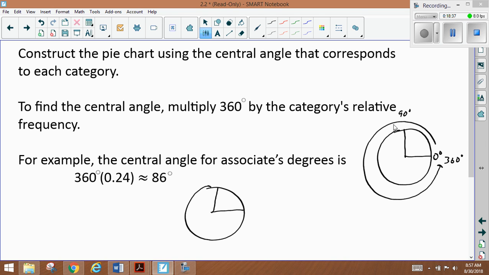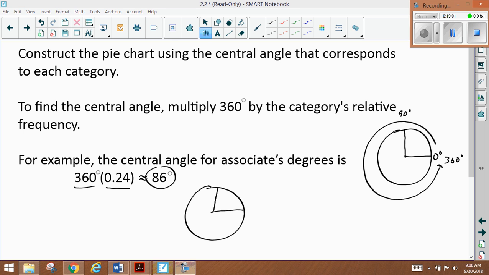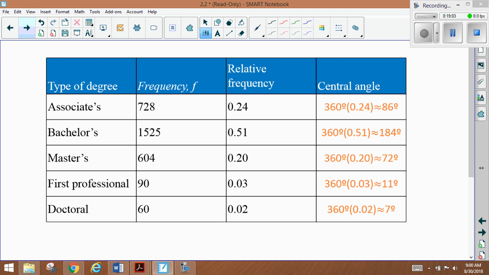Whatever percentage it is, you multiply it by 360. Associate's degrees were 24% of the data, so if you multiply 360 times 0.24, that's going to give you how many degrees of your circle you're taking. All right, let's see what that looks like.